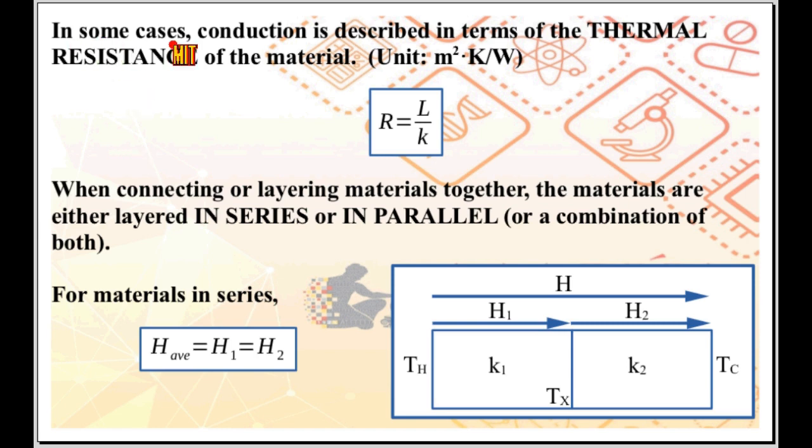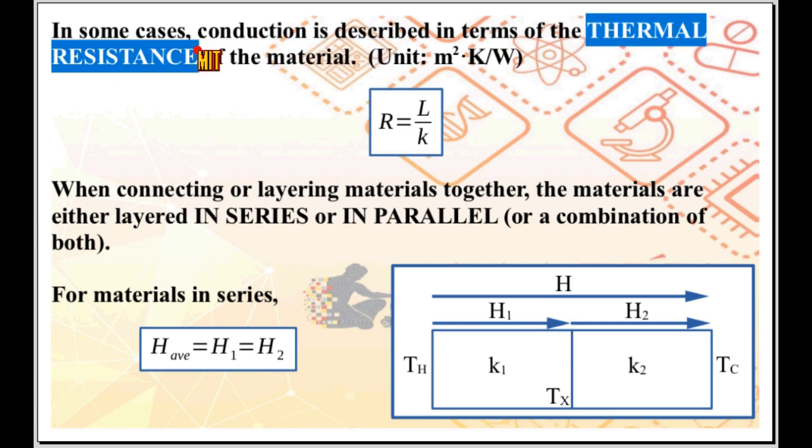In some cases, conduction is described in terms of thermal resistance of the material. Thermal resistance is basically the inverse of thermal conductivity. Specifically, R is equal to L over K, unit meter squared Kelvin per watt.